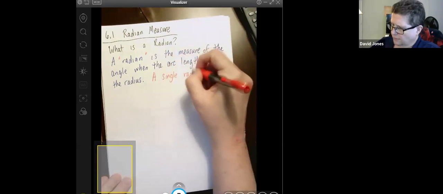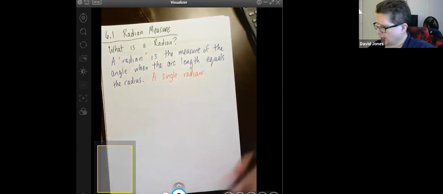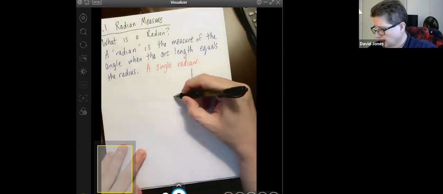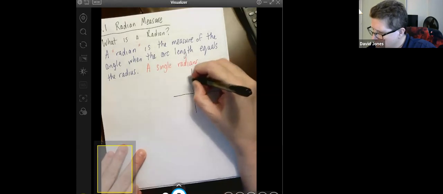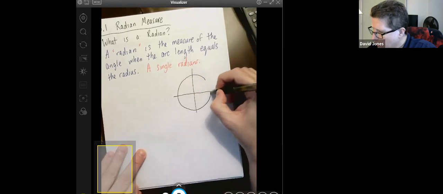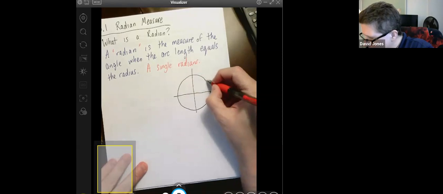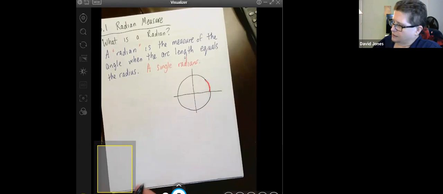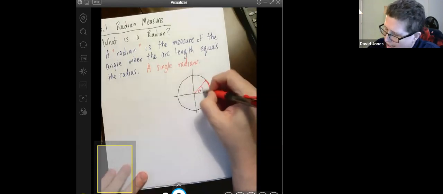So let's just take a look at a circle and discuss what this is. I'm going to center the circle at the origin. See how well I can make it. And I'll leave part of it empty because I'm going to do it in red. And so we've got an angle theta here.